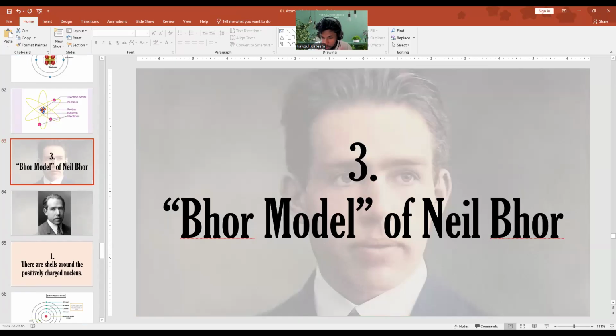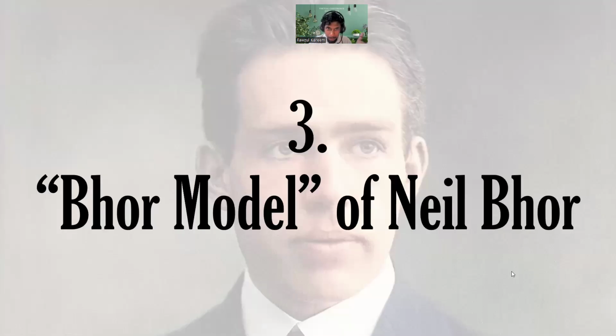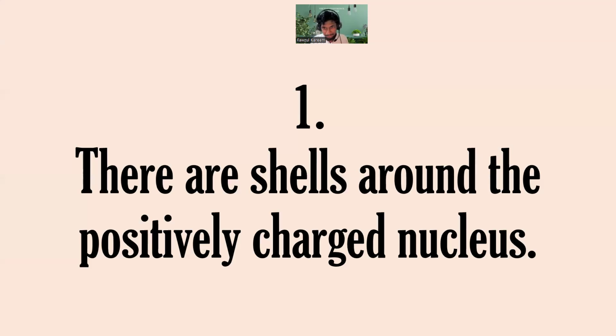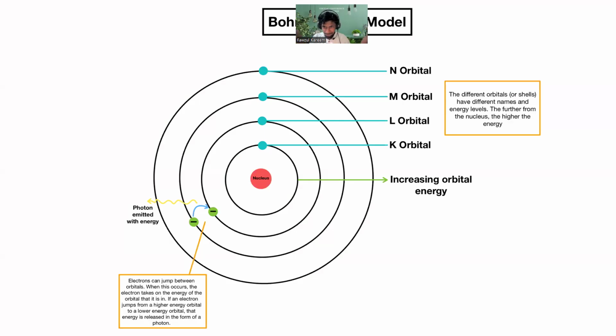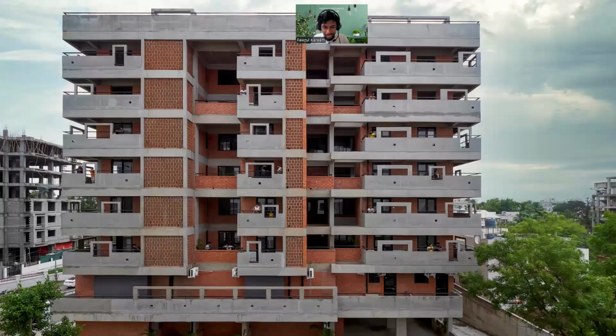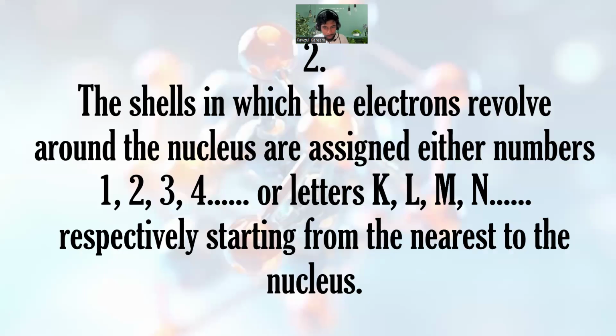Now, we are going to revise the same theory about Niels Bohr, that is the Bohr model. We'll start. Here, this is the Bohr model. There are shells, layers, and energy levels around the nucleus. We have the nucleus, and we have the energy levels, the layers, the shells. What's the naming? KLMN or 1, 2, 3, 4.